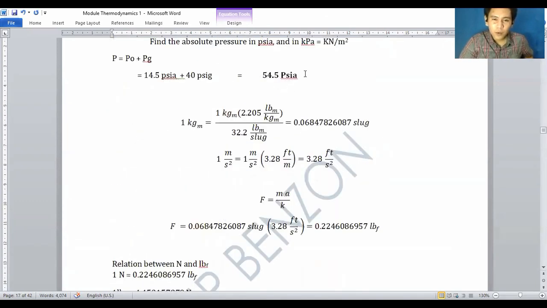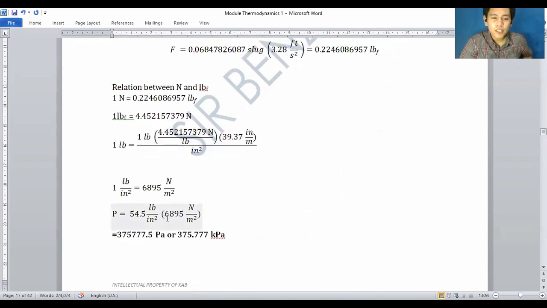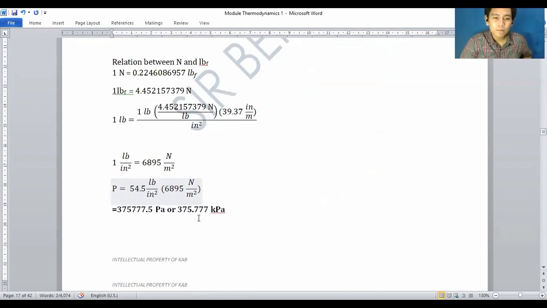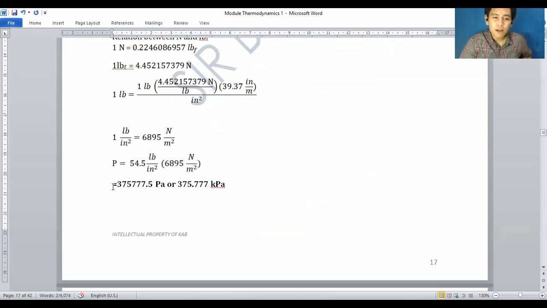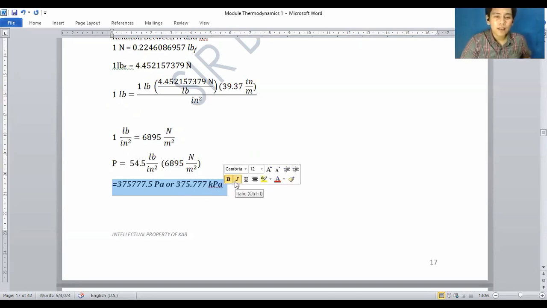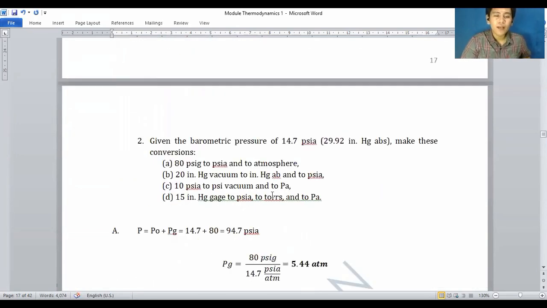So therefore, we first get the absolute pressure in the English system, which is psia. We convert it by multiplying by 6895 pascal for us to yield 375,777.5 pascal, or 375.777 kilopascal. And that is the answer in problem number 1.